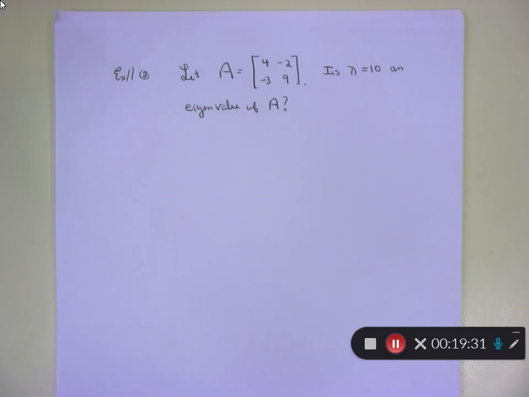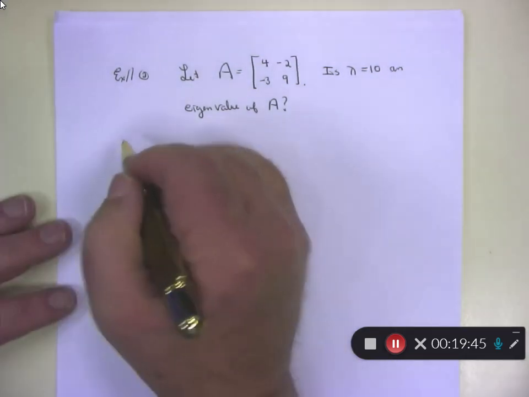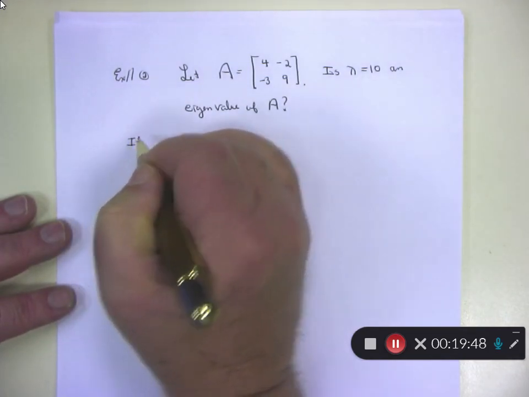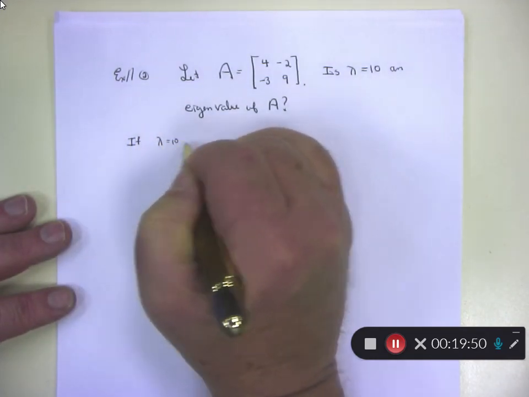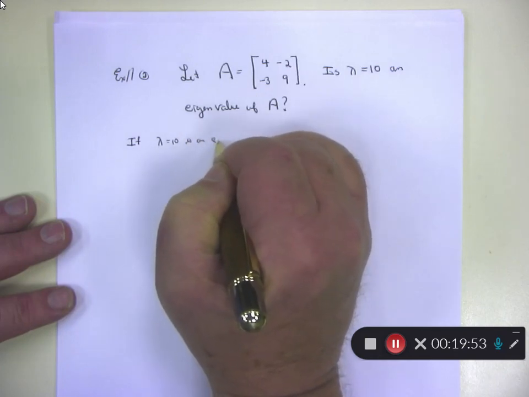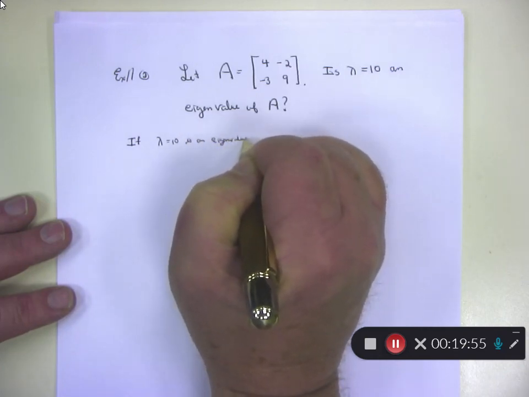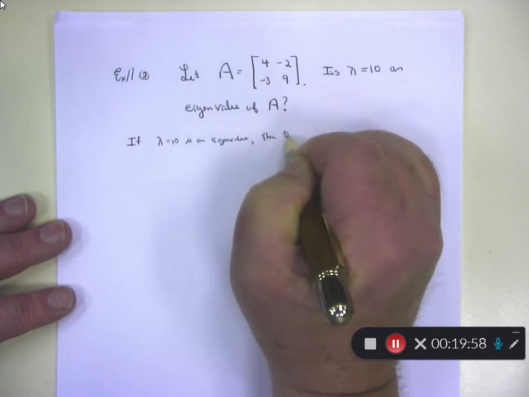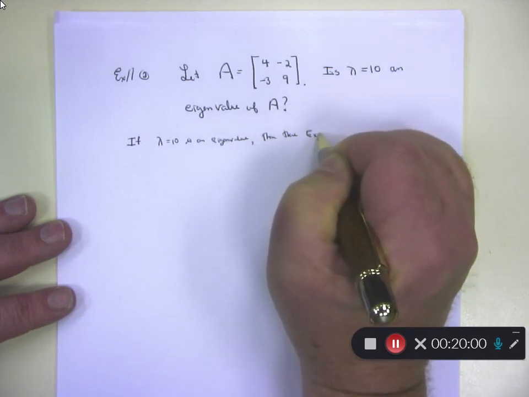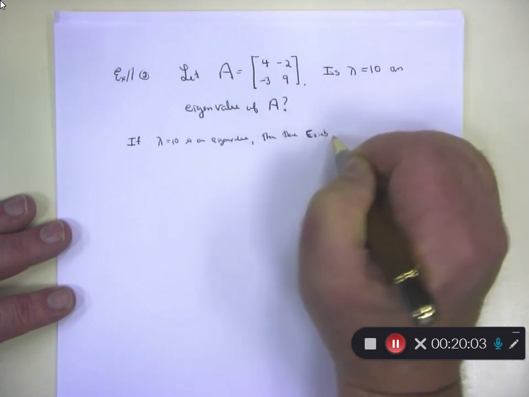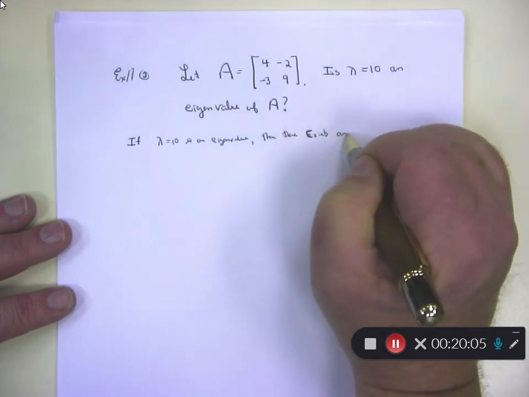So, how would I figure this one out? Remember the last one. Was that one difficult? No, you just did matrix multiplication and tried to factor something out to see if you got the same vector back again. This one, this is how you do it. If lambda equals 10 is an eigenvalue, then there exists an eigenvector.